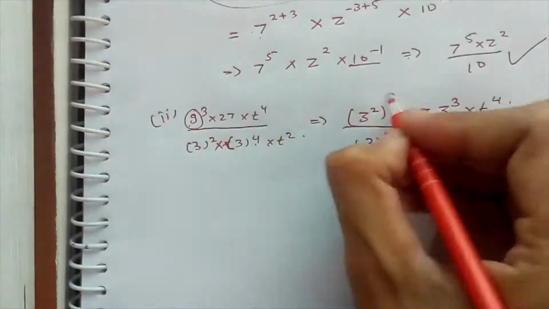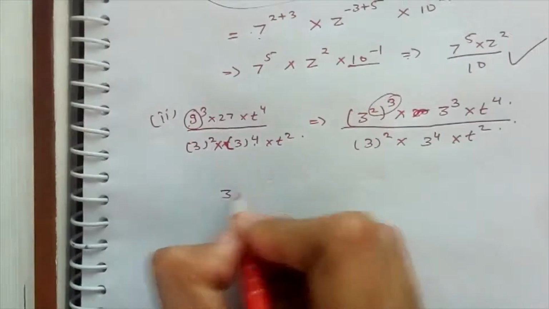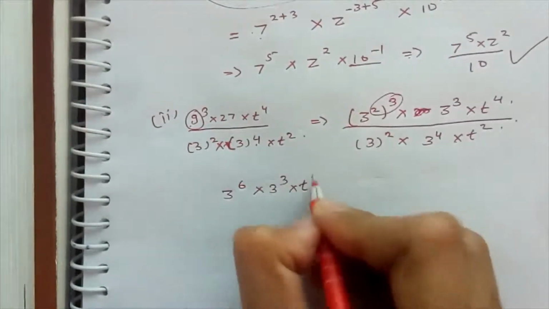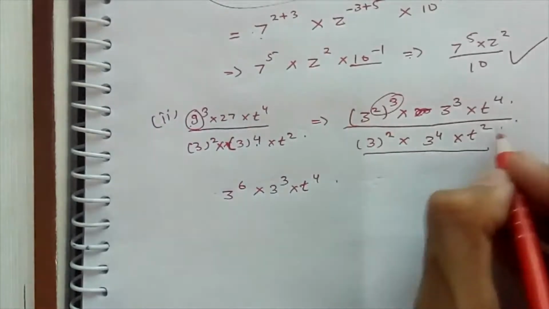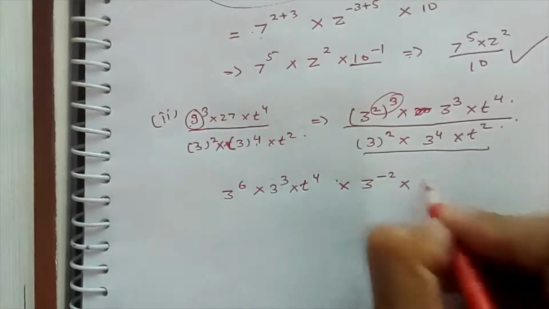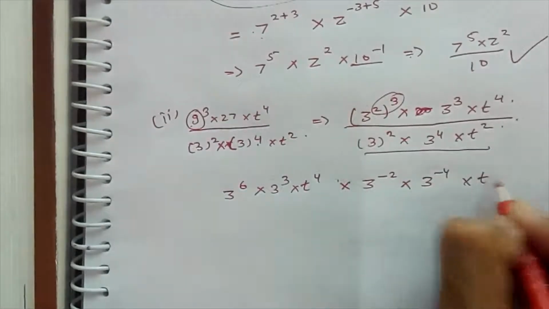Now these powers will be multiplied. 3 to the power 6 into 3 to the power 3 into t to the power 4, and getting the denominators upward we will get 3 to the power minus 2 into 3 to the power minus 4 into t to the power minus 4.